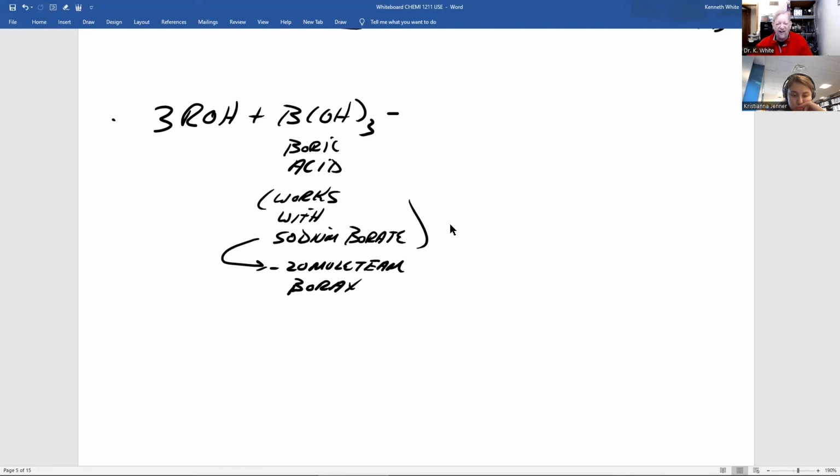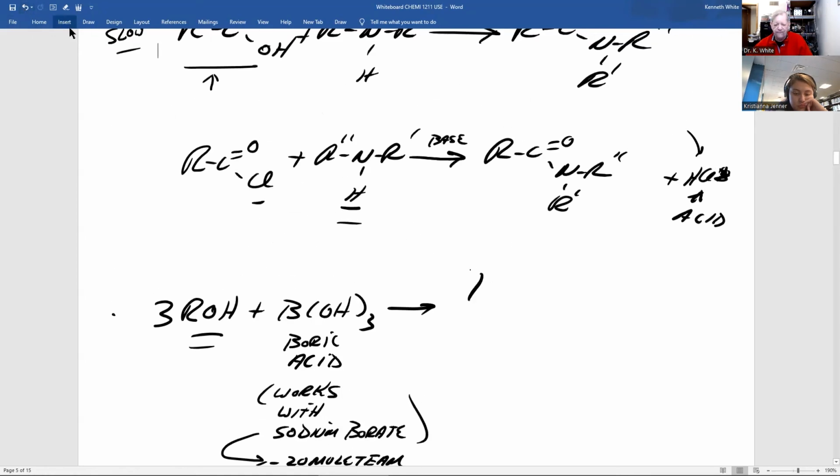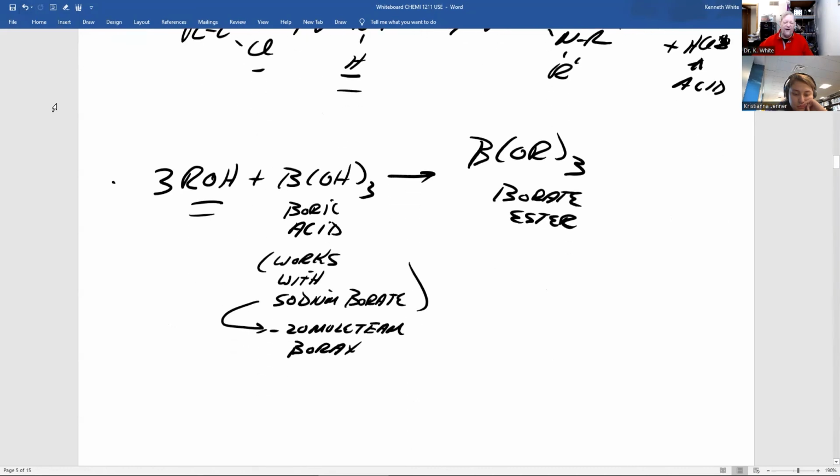And here, if you take an alcohol, 3 of them, and react them, you'll get this borate ester. Now, if the alcohol you have has other hydroxyl groups in here, then these borate esters can be bonded to other borate esters through the R group, and you make a polymer.